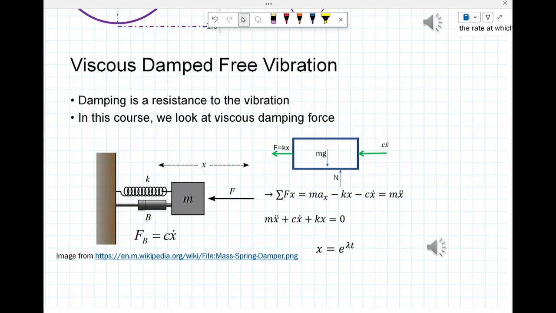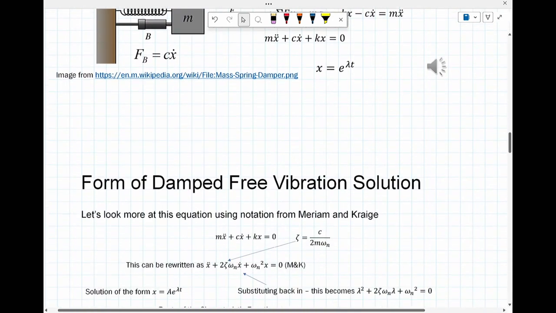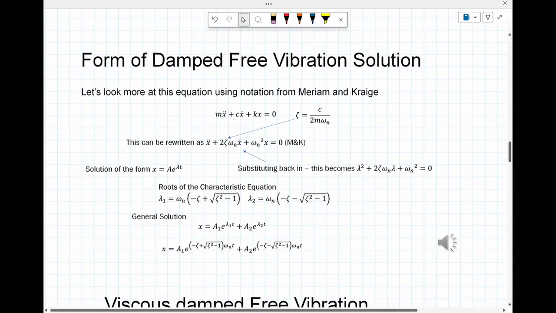With damping, you end up with a form of the equation where you have a e to the lambda t. And we can't use the sines and cosines anymore, which makes things a little bit more difficult. But you can see that you write it in this form. And you end up with zeta, which is equal to c over 2 m omega n.